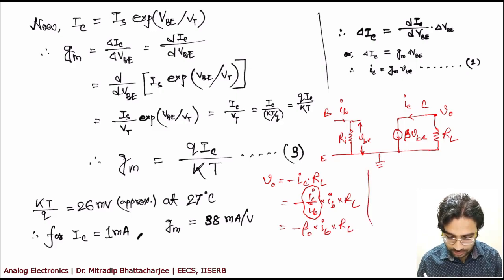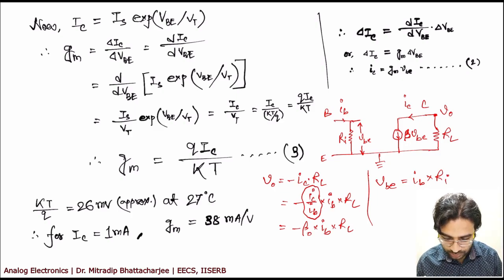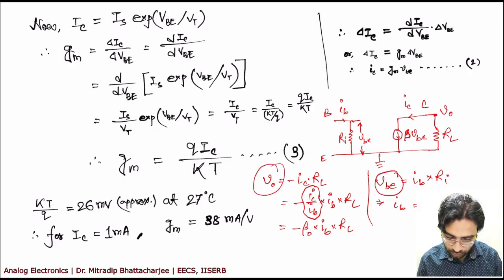Now let us check what is there in the input side. So if it is IB, your VBE will be equal to IB into RI, right? Now what is the value of IB? It is VBE by RI. Okay, now just replace the IB value in this equation.